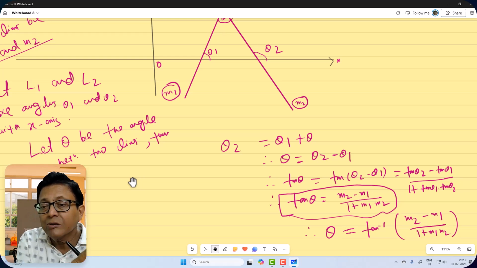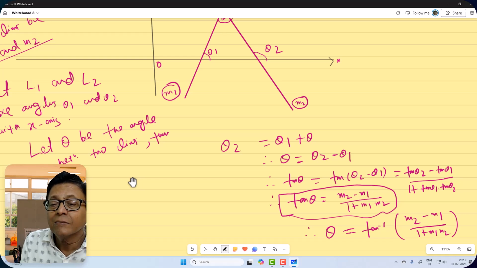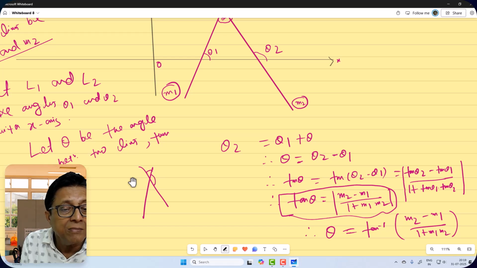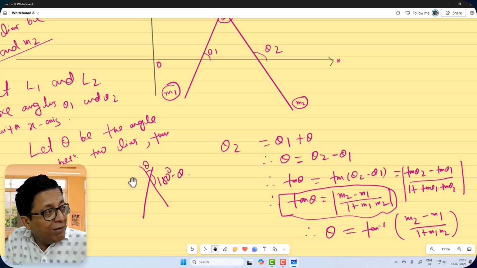And one thing, you should make it very clear that this should be a modulus, because between two lines there are two angles, one interior, one exterior. So you always find this interior angle theta, not 180 minus theta. Okay?